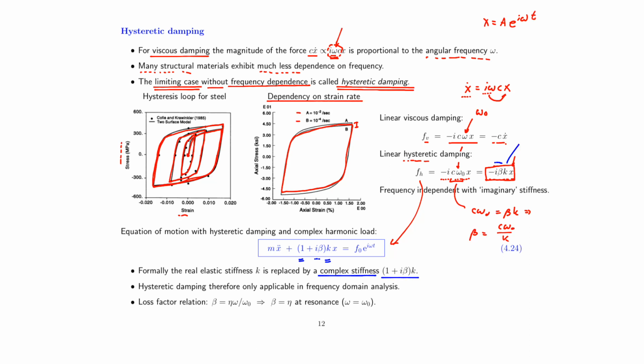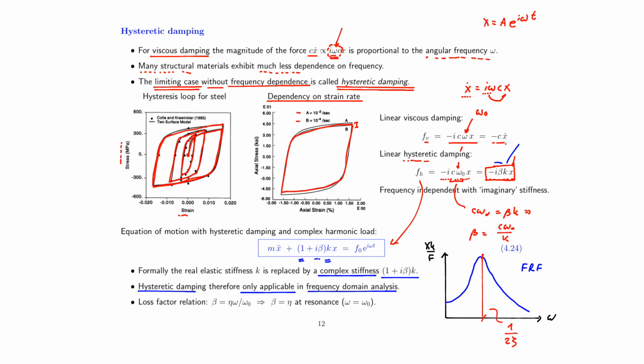This means that hysteretic damping is only applicable in a frequency response analysis. That means an analysis that is based on a frequency response function, estimation of a peak value divided by 2 zeta, whereas you cannot use the hysteretic model in time simulations, time integration solutions.